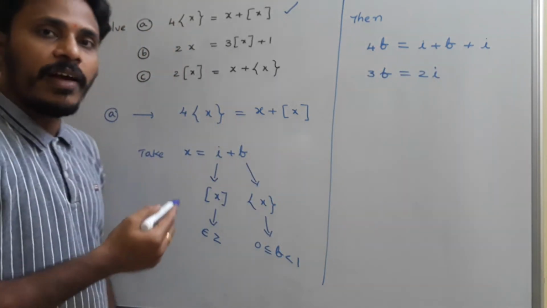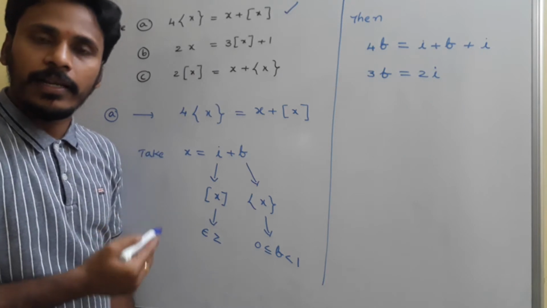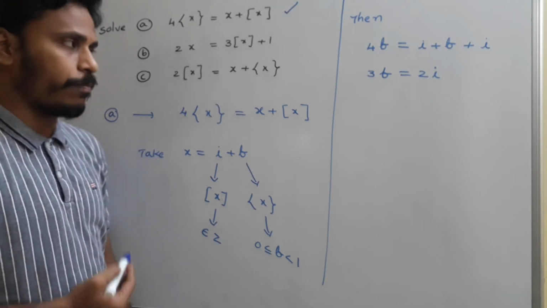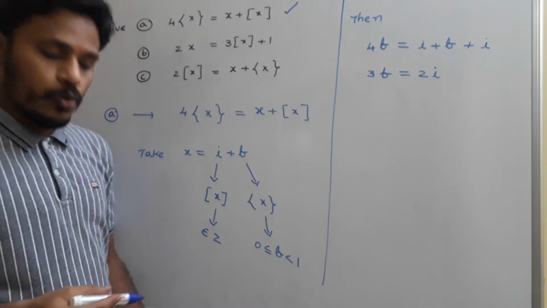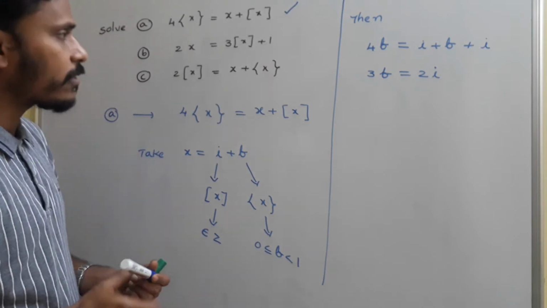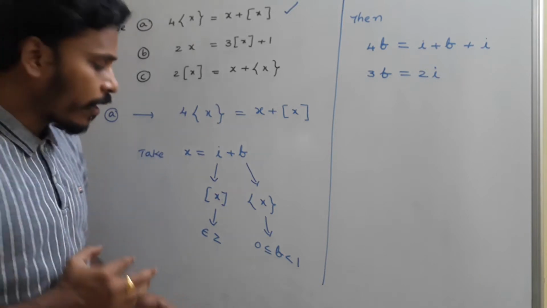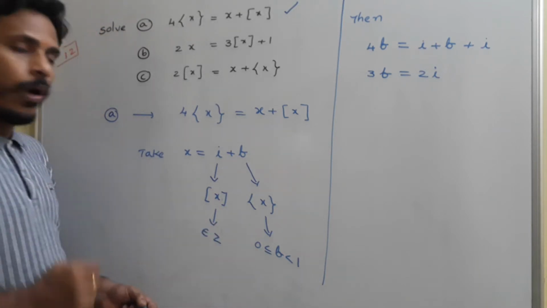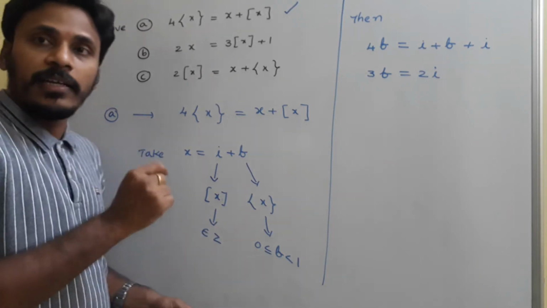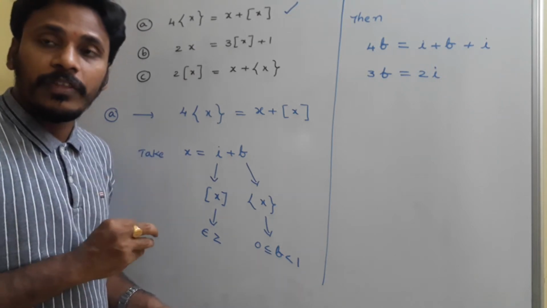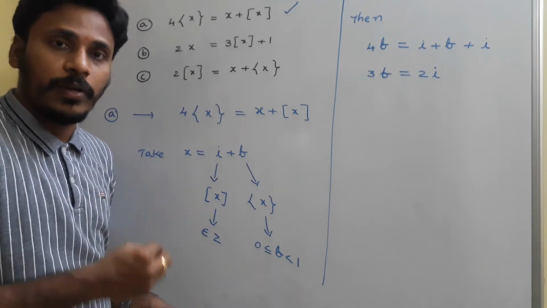I need to find the values of x, which is nothing but finding its integral part along with the fractional part. 3f equals 2i I have in my hands, and I need certain restrictions on f as well as I. f is a number between 0 and 1, whereas I is an integral value. I need to combine these two to get the values of I as well as f.